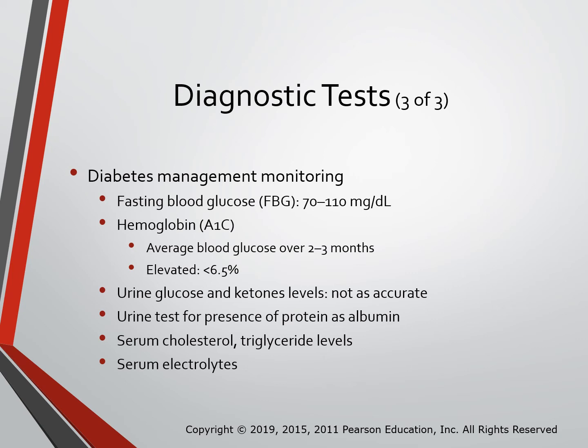They'll also check your cholesterol and triglycerides, and the ADA recommends treatment goals to lower low-density lipoprotein cholesterol to less than 100 milligrams per deciliter, raise high-density lipoprotein HDL cholesterol to more than 40 milligrams per deciliter in men and more than 50 in women, and lower triglycerides to less than 150. I would know that. You need to know that. Okay? You need to know this information on page 818.